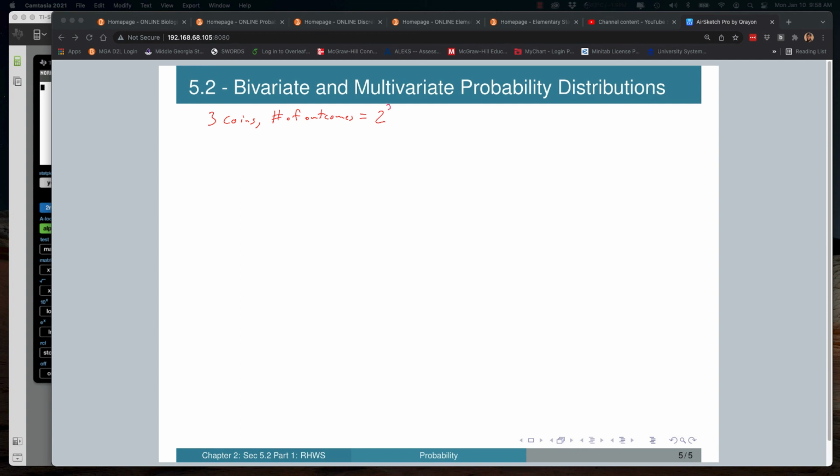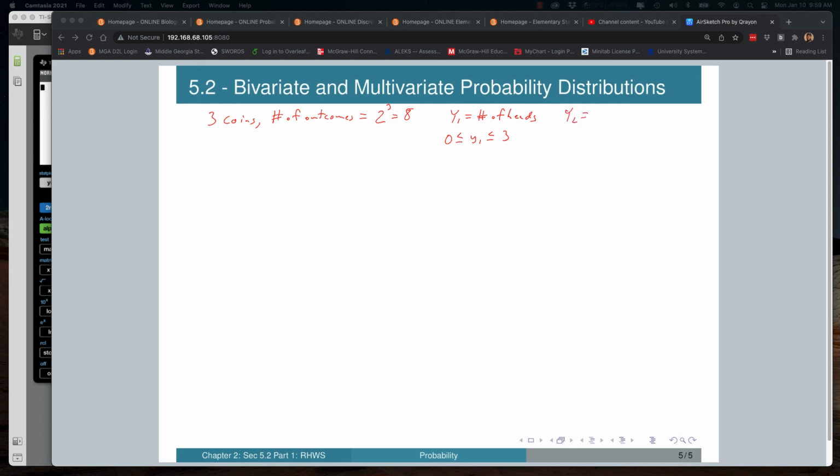We've got 2 possible outcomes for each object, raised to the number of coins we have, and that tells us that we have 8 possible outcomes. We know that y1 equals the number of heads, and since we're flipping a coin 3 different times, little y1 can take on values as big as 3, but no smaller than 0.